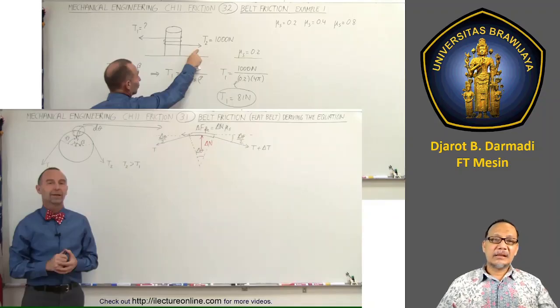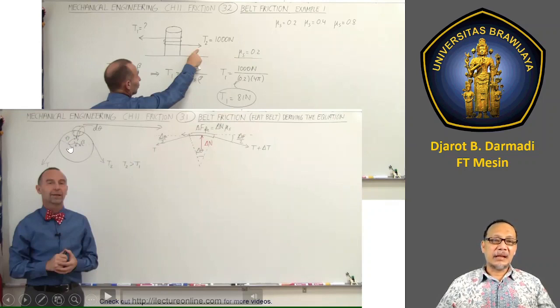Pada video kali ini ya, kita akan mengikuti kuliah oleh Profesor Michael Van Biesen tentang perbandingan tarikan pada sisi kencang dan sisi kendor, yaitu T2 dibanding T1 sama dengan E pangkat mu S kalikan beta.